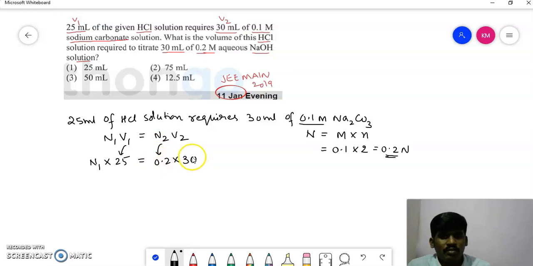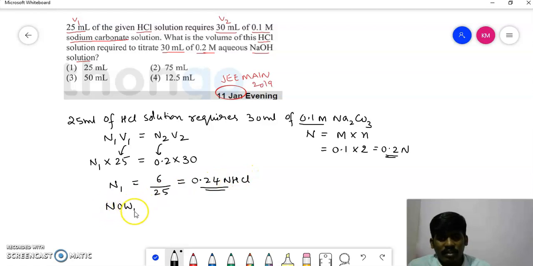V2 is equal to 30. So N1 is equal to 0.2 into 30 upon 25, that is 6 upon 25, which gives you 0.24 normal HCl. This is the normality of HCl we require for titrating with the NaOH solution, right?